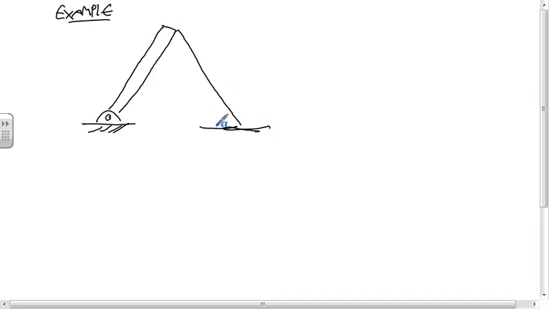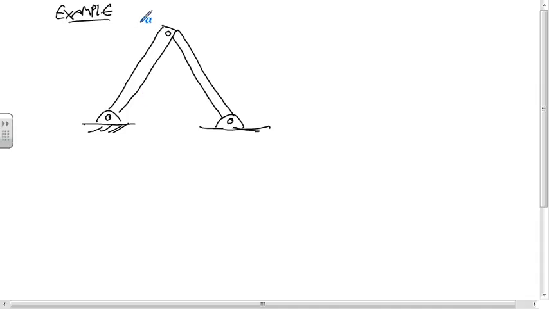Let's say that you have an equilateral triangle that's made up of these two bars, with pin joints here and here.